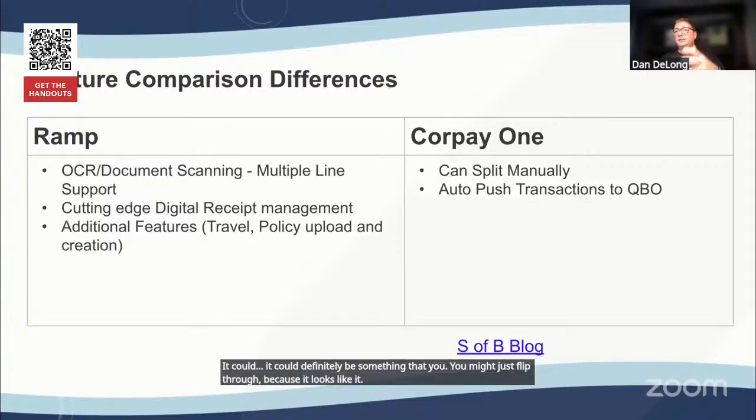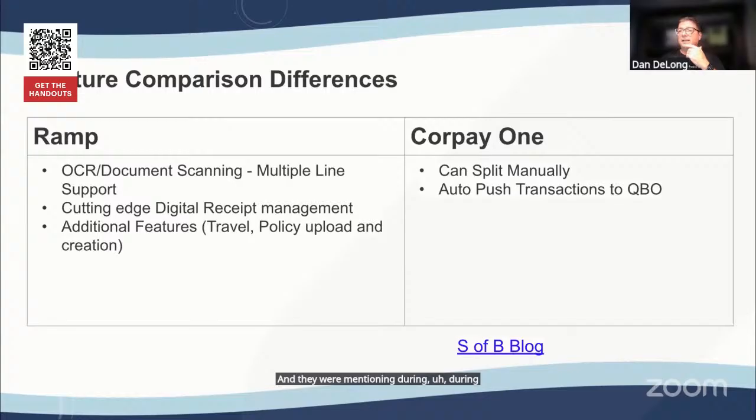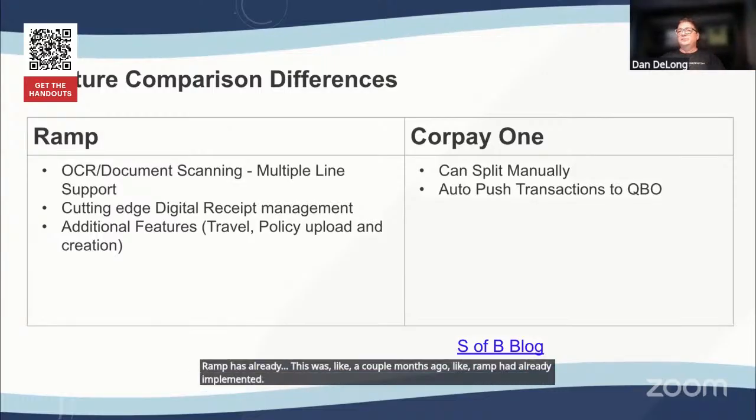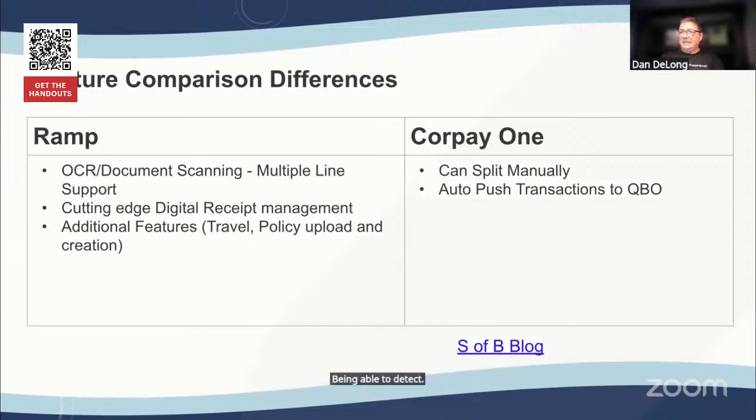And they were mentioning on the accounting podcast that Ramp had already implemented, this was a couple months ago, being able to detect those things. Talk a little bit about that.